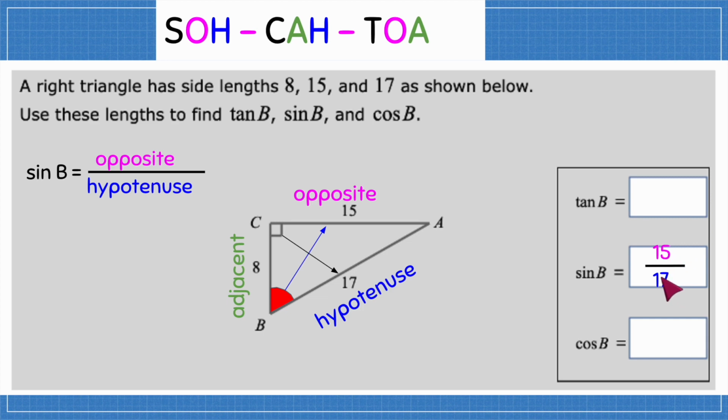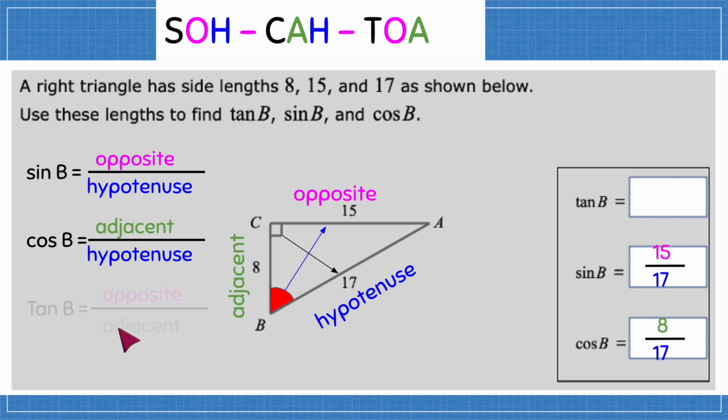Don't turn it into a decimal. They haven't given any rounding instructions, so don't round. Cosine is adjacent over hypotenuse, so 8 over 17. Tangent is opposite over adjacent, so 15 over 8. So I have my 3 trigonometric ratios written out in fraction form. I hope that helped, and I will see you in the next video.